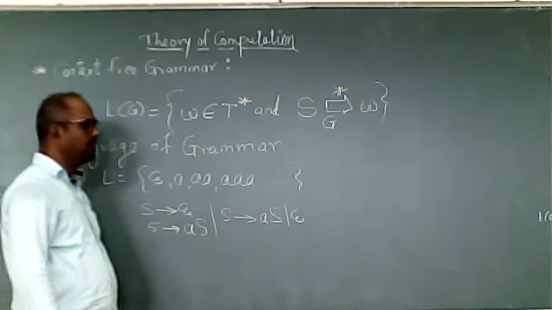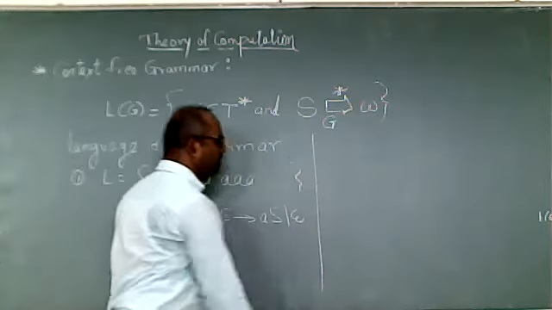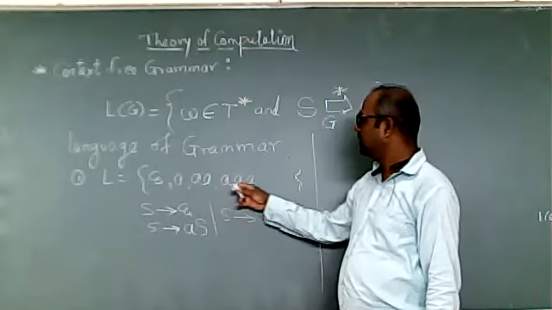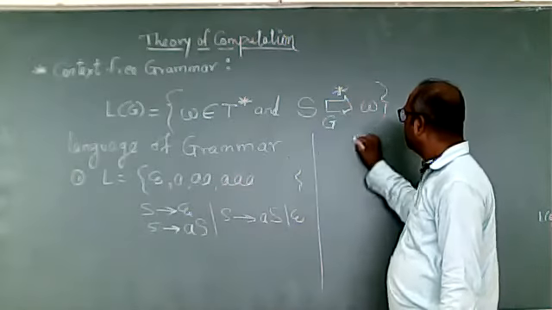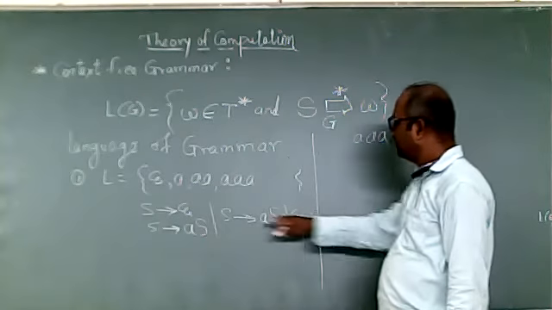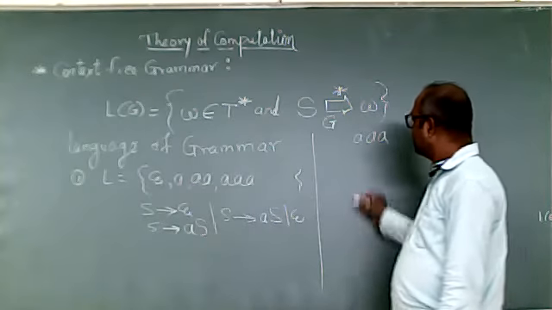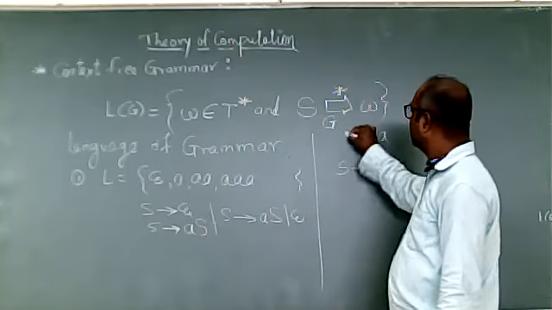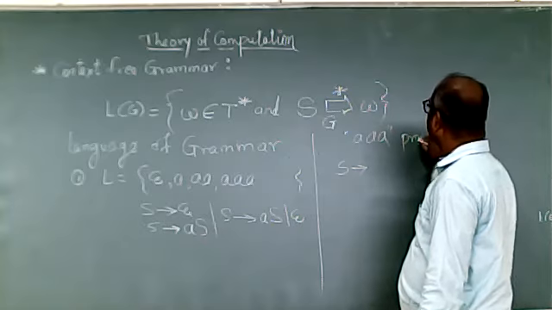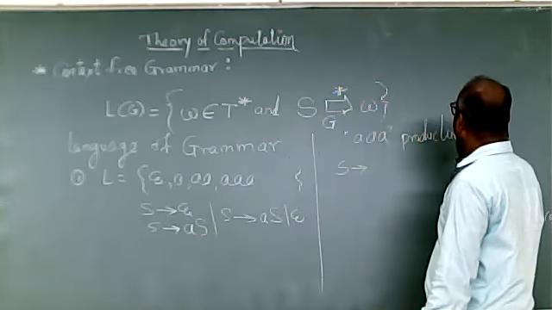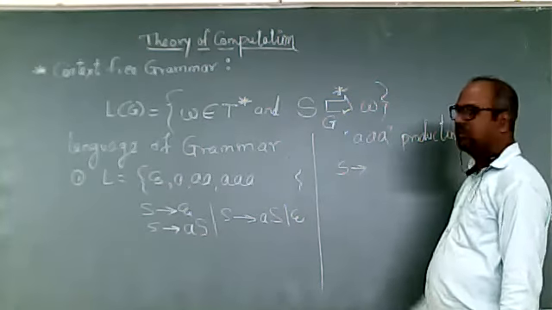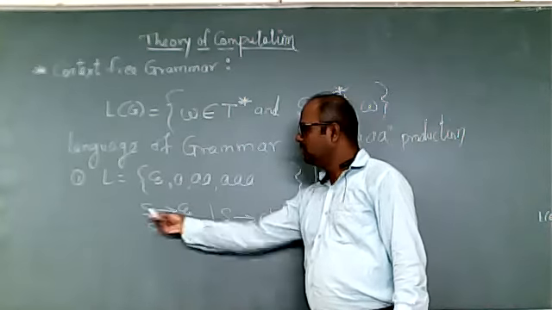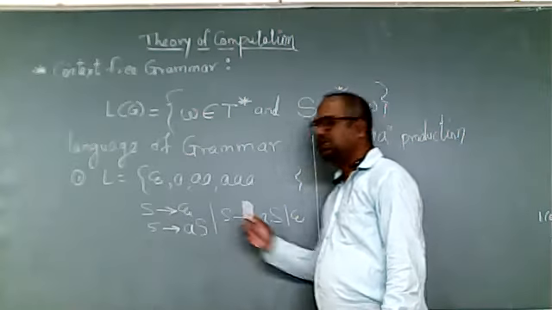We'll check with one valid string. If I take AAA, I want to generate this AAA with the help of these two productions. First, we always start with the starting symbol S. Now this S I can replace with epsilon, or I can replace this S with AS.